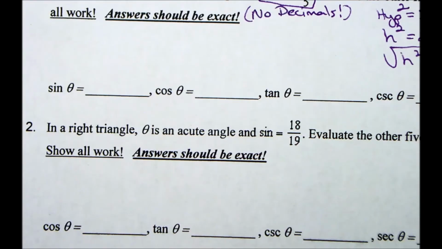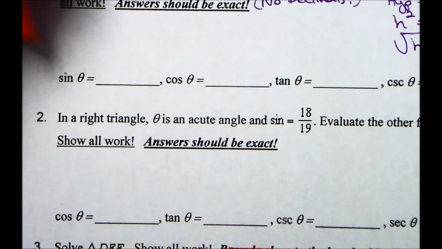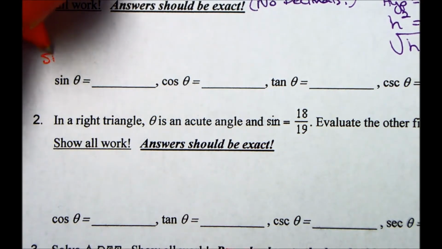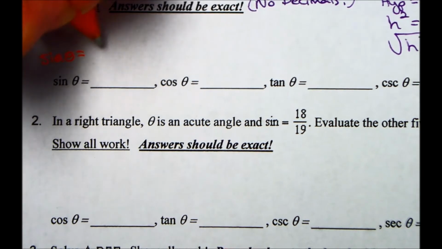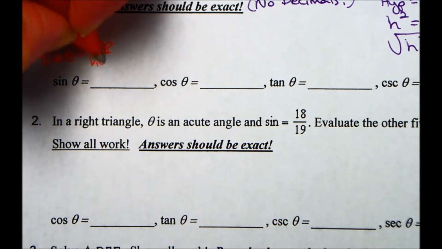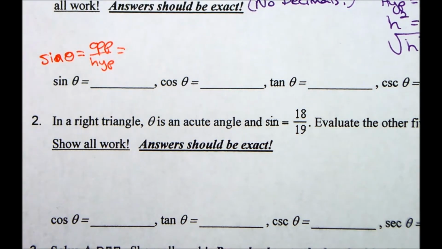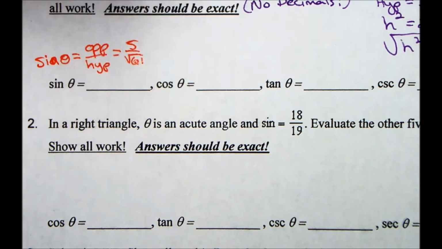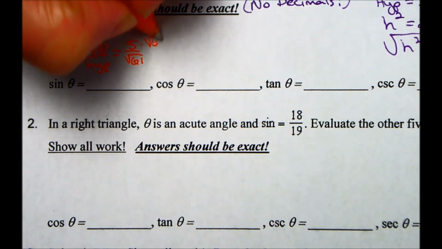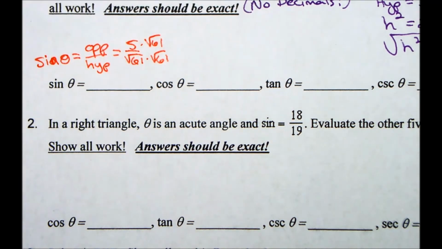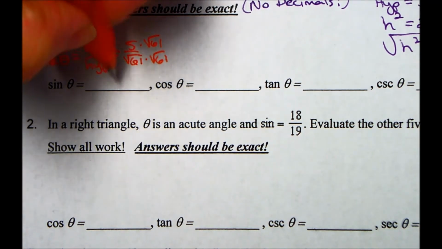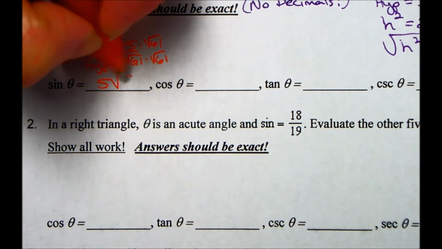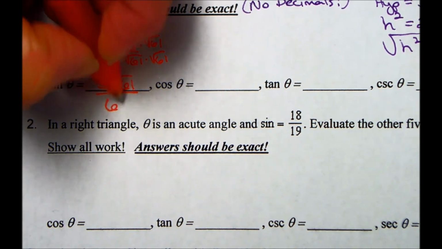So going back over here on the left side, sine, you should know that sine theta equals the opposite over the hypotenuse. My opposite is 5, my hypotenuse is the square root of 61. You cannot have a square root in the denominator, so if we rationalize that denominator by multiplying the top and the bottom by the square root of 61, we will get 5 square root of 61 over 61.